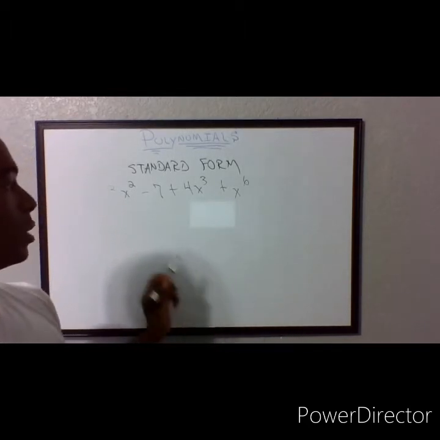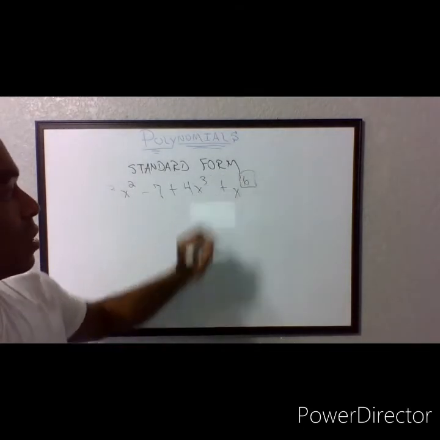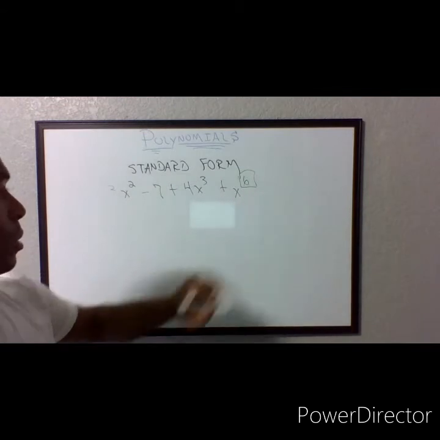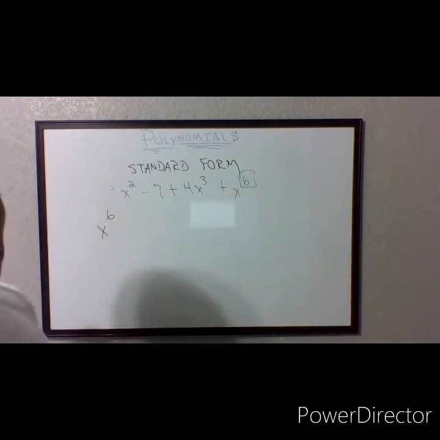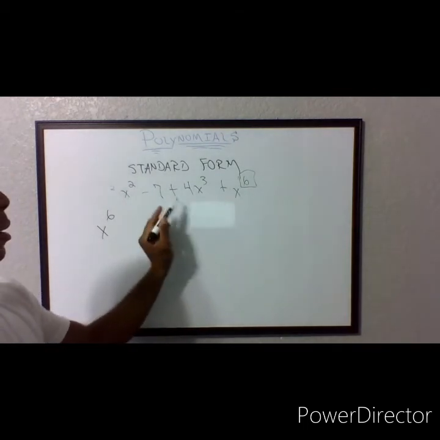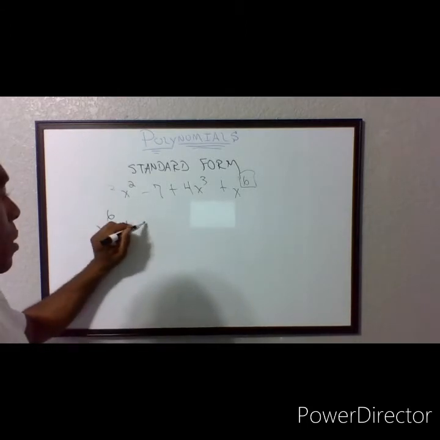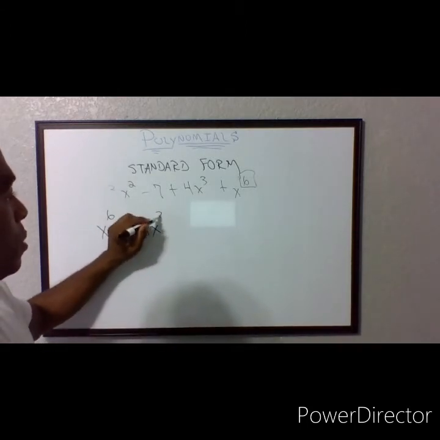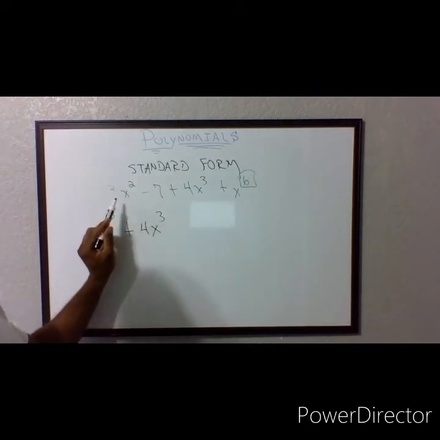In this equation, the highest degree is 6 because it has the highest power. So that would be our leading term, and then 4x to the third is our next highest, with the second highest exponent, or degree, excuse me, followed by 3x squared.